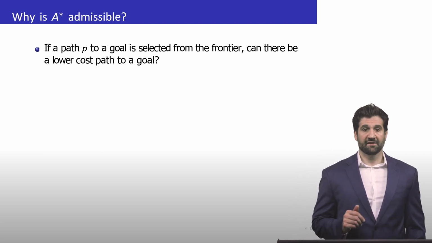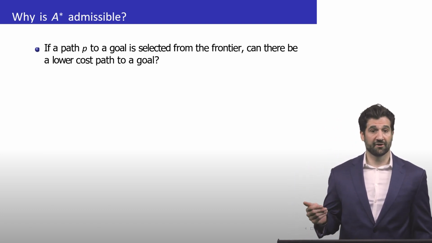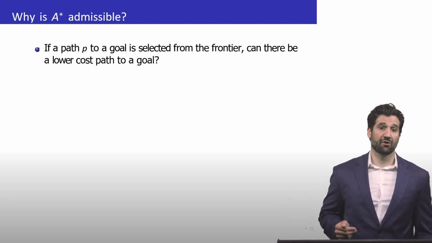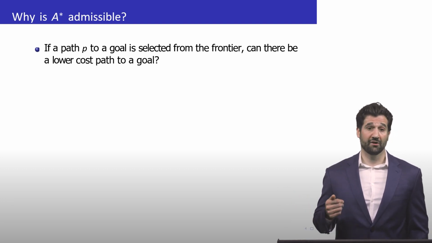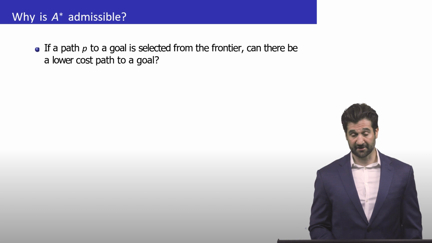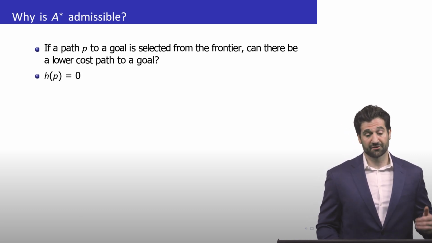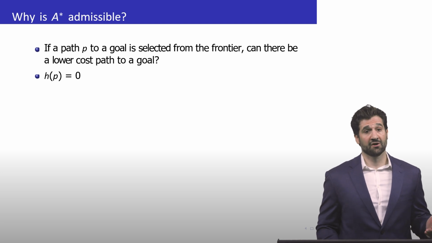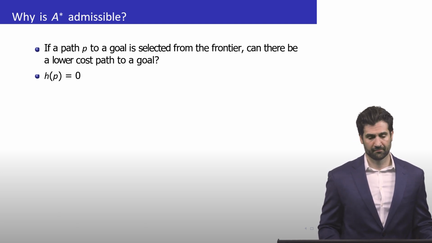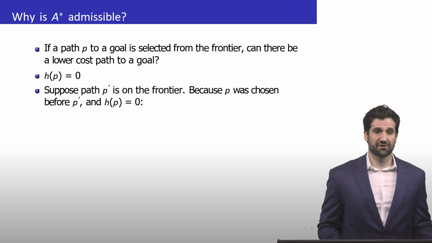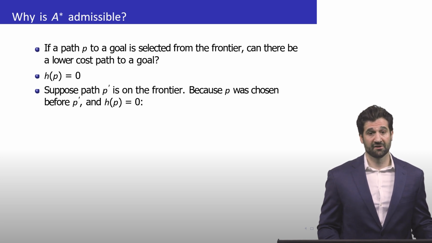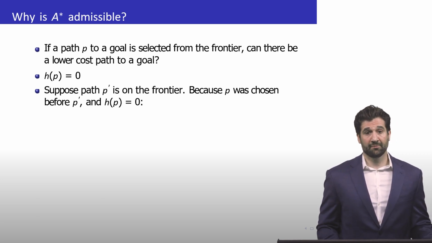So if a path to the goal is selected from the frontier, can there be a lower cost path to the goal? Let's examine the mathematics behind this. Let's say, just for the sake of argument, the heuristic function for this path is 0. We're going to suppose, by way of contradiction, that path P prime is on the frontier.